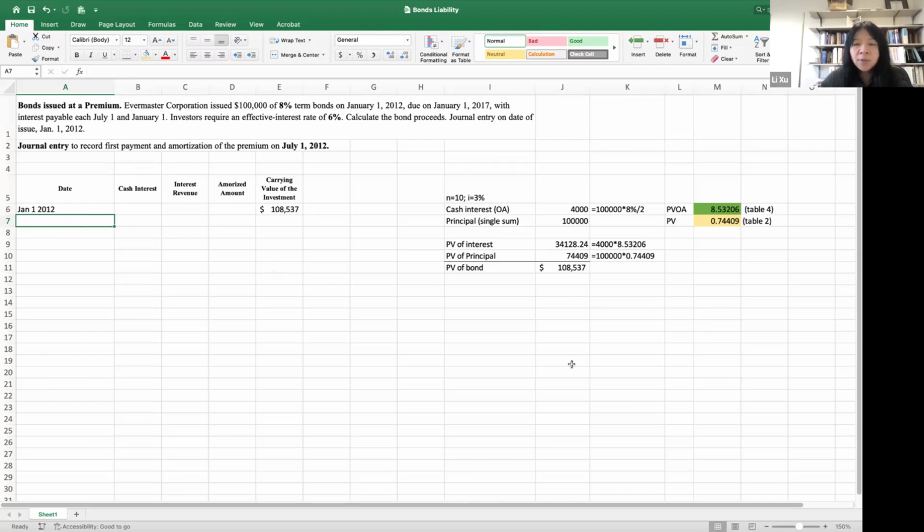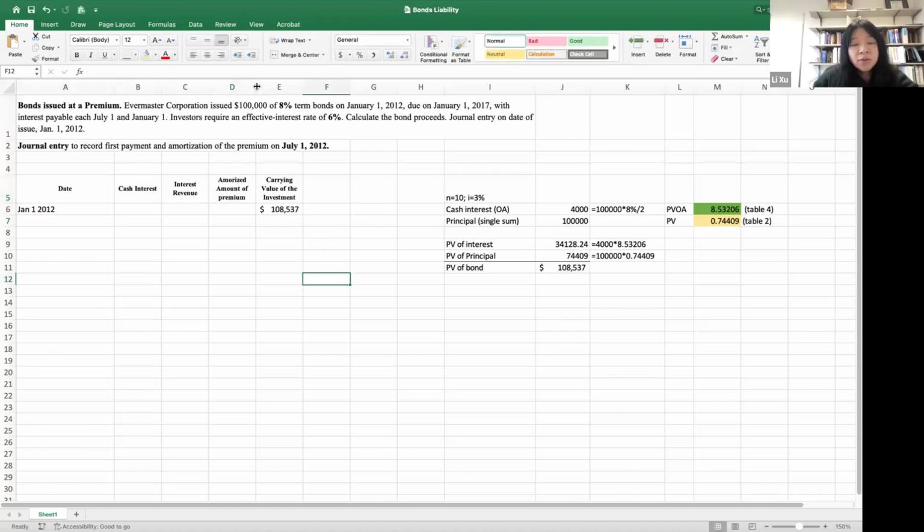And now the present value is 108,537, which means you get more than the face value. Essentially the net amount you're gonna receive is higher than the principal of the bond. And then we said you have a premium because you get more than you have on the face, right? And so here we can amortize the amount of premium.